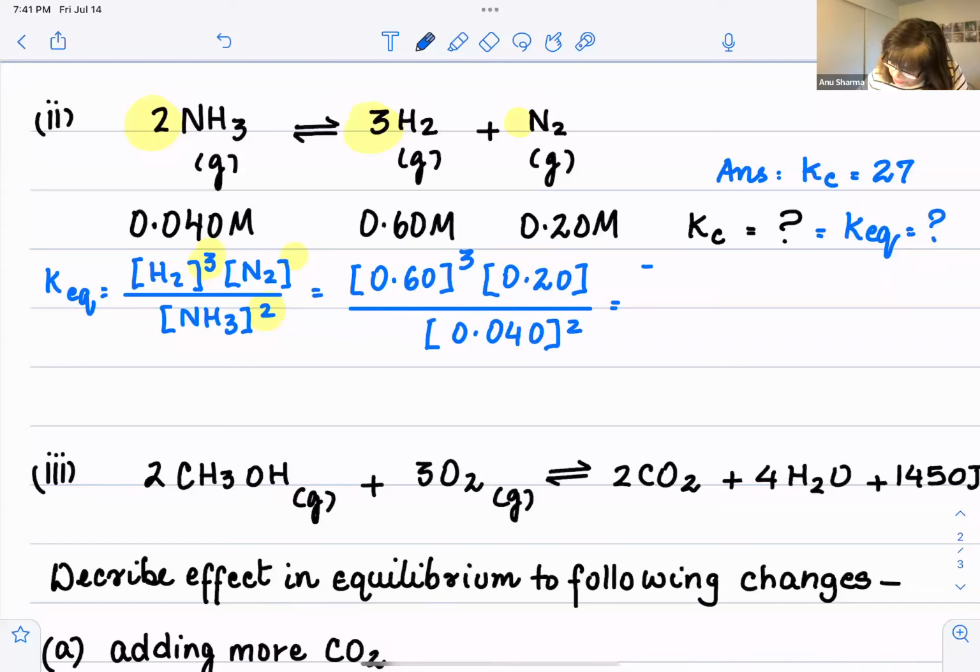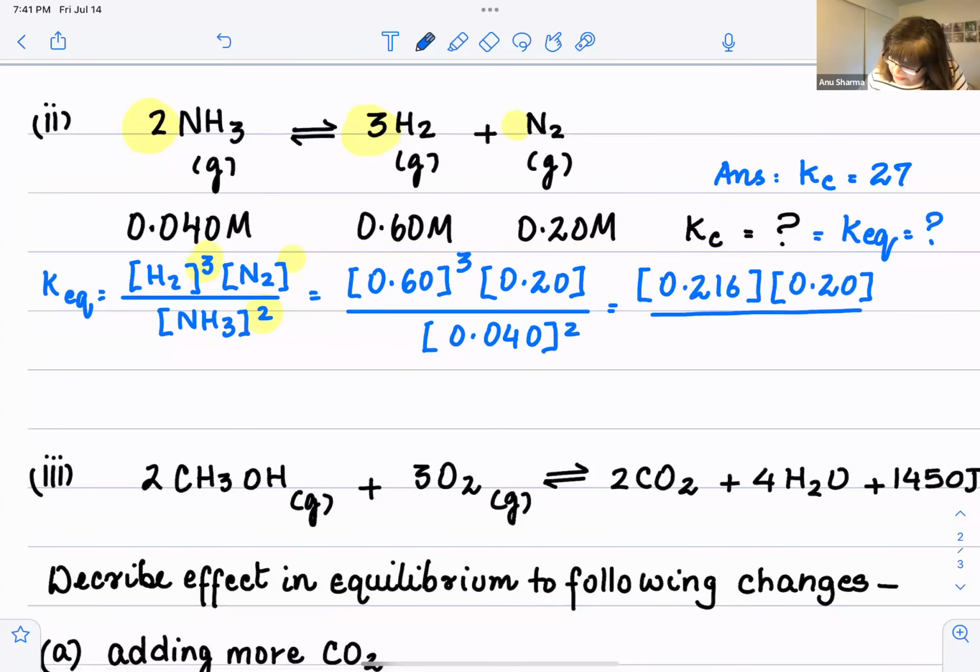So let me just do it for the sake of it. So this becomes 0.216, and this is being multiplied by 0.20. Okay, over, let's do the bottom one also, 0.040 times 0.040. And here you get 0.0016.